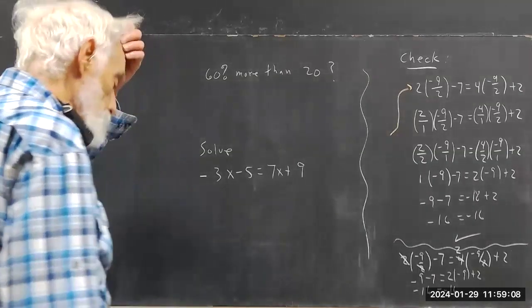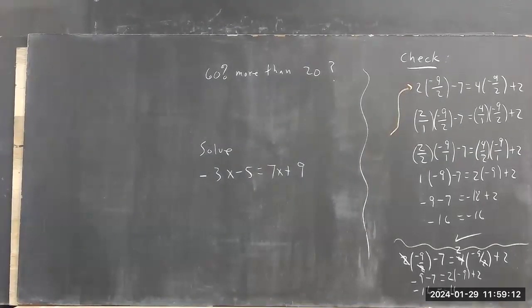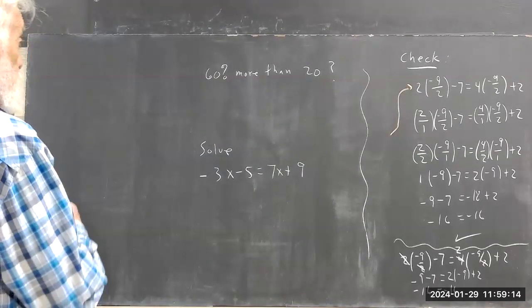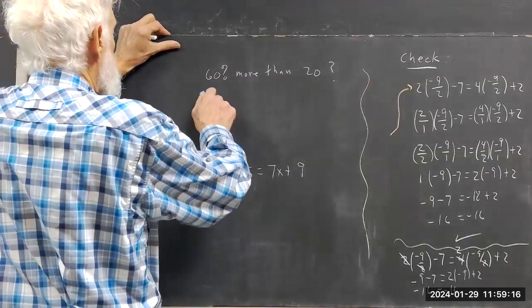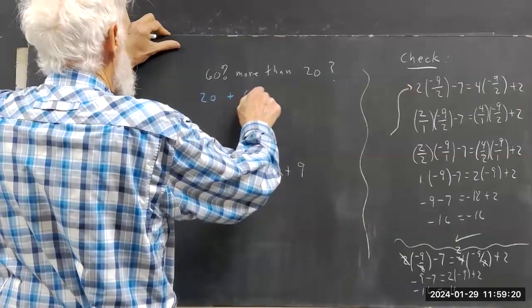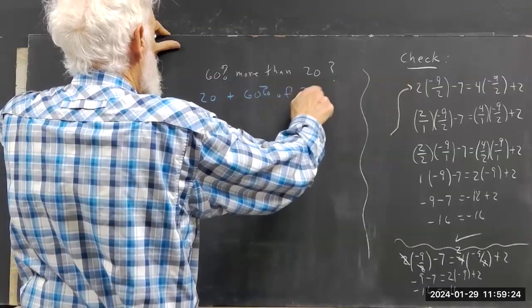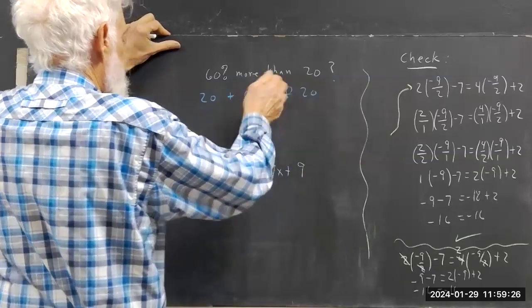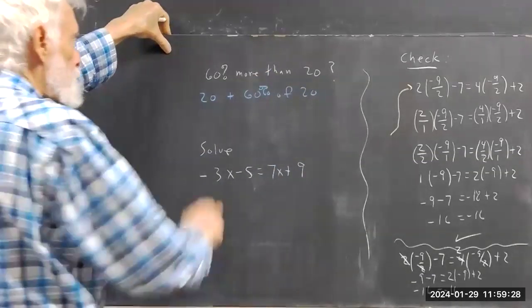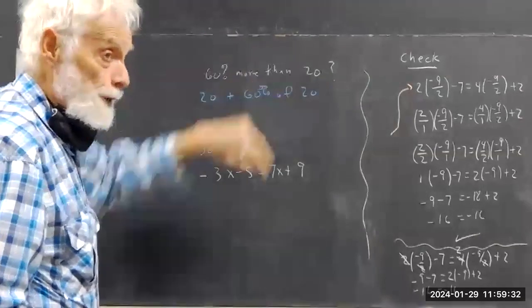Okay, so let me just do these. Again, I'm going to do them in full detail. That's a terrible percent sign graphic. 20 plus 60% of 20. That's what 60% more than 20 means.